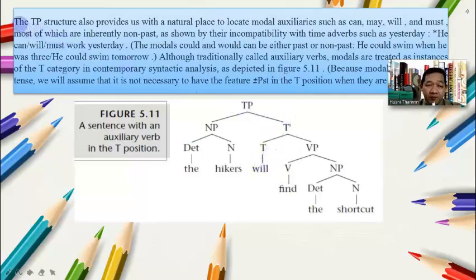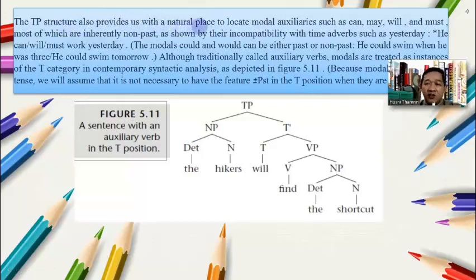We read the TP structure also provides us with a natural place to locate a modal auxiliary, such as can, may, will, and must. Di sini katanya tense phrase structure juga ada penempatan dari bentuk modal auxiliary.